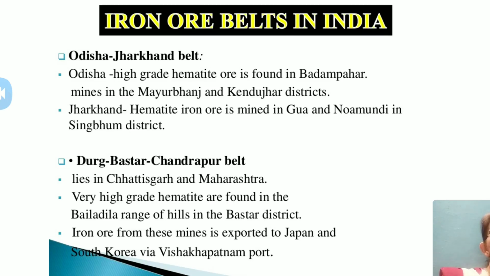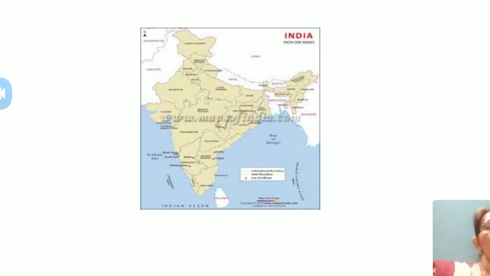The Durg, Bastar, Chandrapur belt lies in Chhattisgarh and Maharashtra. Very high grade hematite is found in the Bailadila range of hills in Bastar district. Iron ore from these mines is exported to Japan and South Korea via Visakhapatnam port.